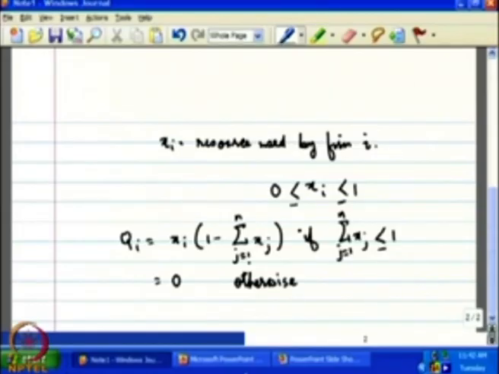So, each firm, for example the ith firm, wants to maximize this qi, which is the output of that firm.